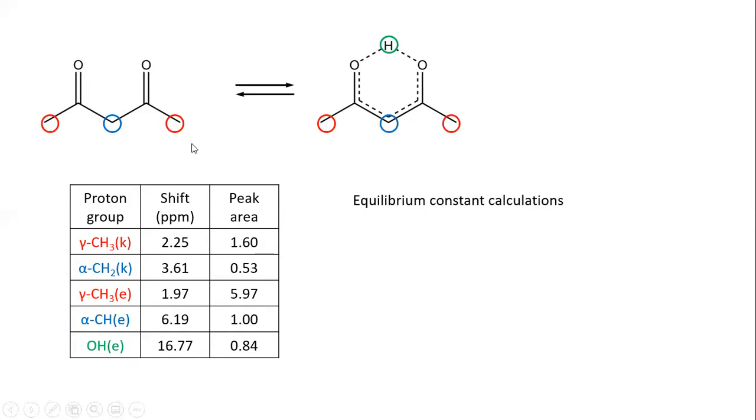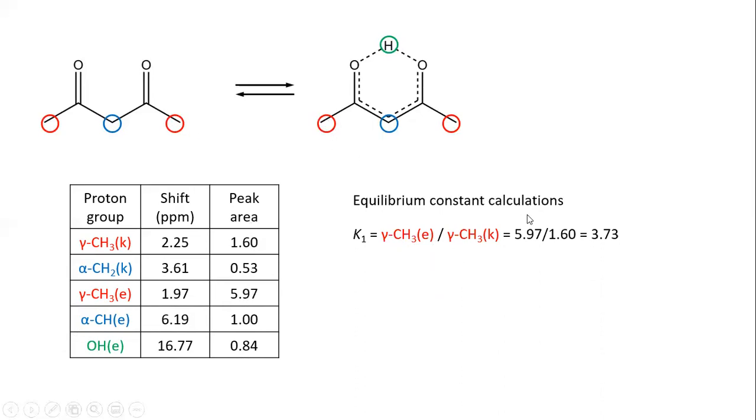So the easiest one would be to check the gamma methyl, because we have 6 protons on the methyls in the keto form, and 6 protons in the methyl groups in the enol form. So the stoichiometry is straightforward because they have the same number of protons. So the first K, therefore, is the gamma methyl of the enol form.